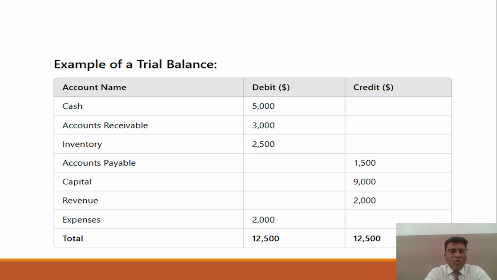And after that you have to tally the debit and credit balance of the trial balance, and if there is no discrepancy, no error, then your trial balance will tally, will match. It means the debit and credit side of the trial balance would be equal. In this particular example you see that 12,500 is the total of the debit side as well as the credit side. So we can say there is no arithmetical error in the ledger posting, right? So this is the example of the trial balance.